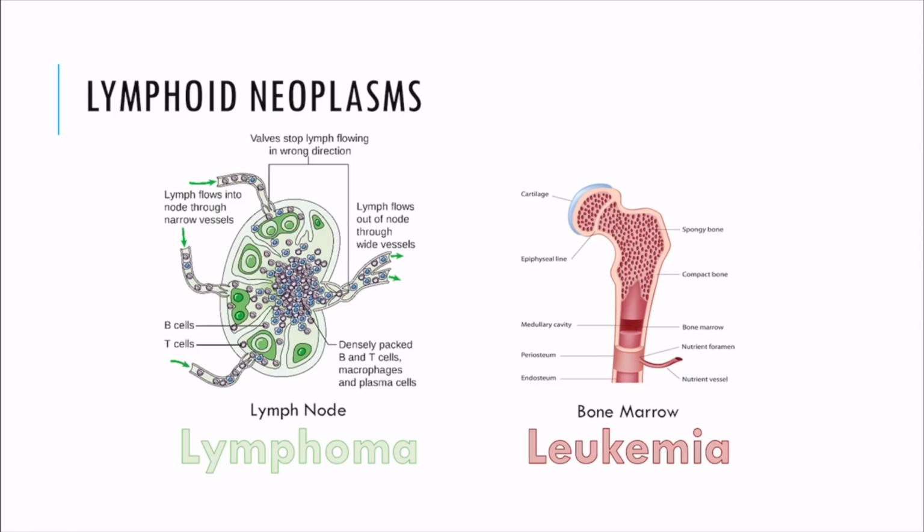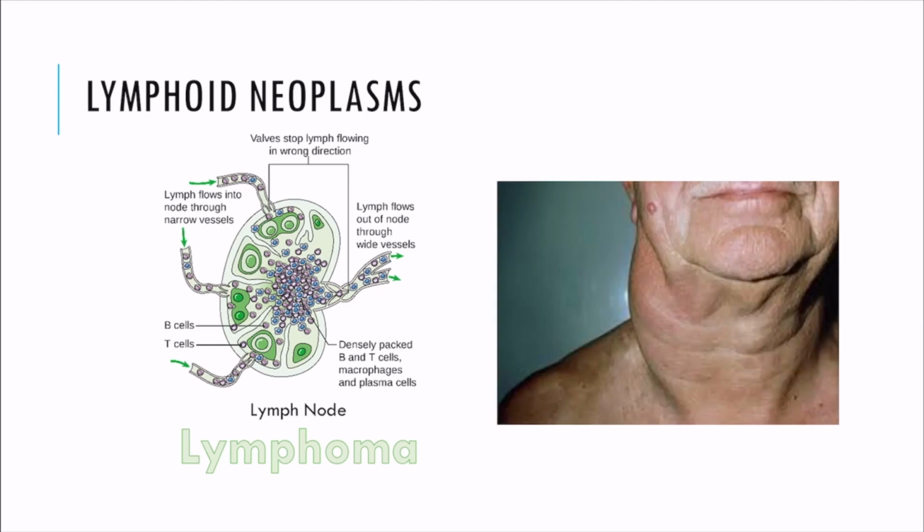All right, so let's move on to lymphoma. So we said cells of the lymphoid stem cell line can develop malignancies of either leukemia if the origin of the problem is in the bone marrow, but it's a lymphoma if the cancer originates in the lymphatics. So with lymphomas, you get tumors that produce masses in the lymph nodes.